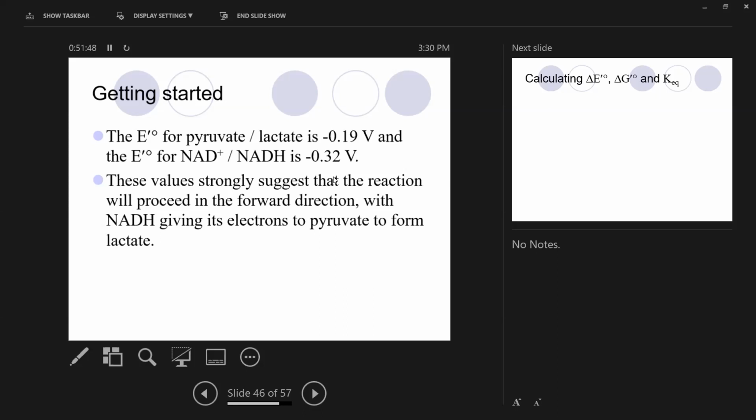Right? More negative, it's a better giver. More positive, it's a better taker. Who's the better giver here? Who's the better taker? Let's use chemical terminology: more likely to be oxidized, more likely to be reduced.